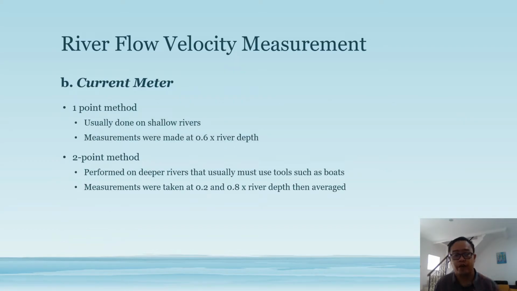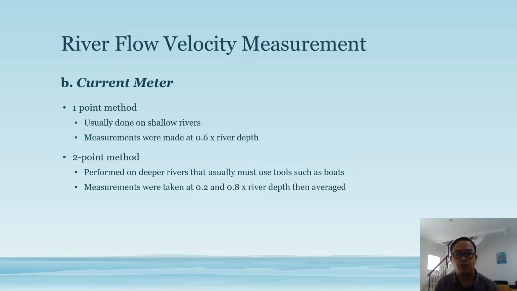Okay, the first one is the 1-point method. It is usually used on a shallow river and measurements are performed at a depth of 0.6 of the total depth.